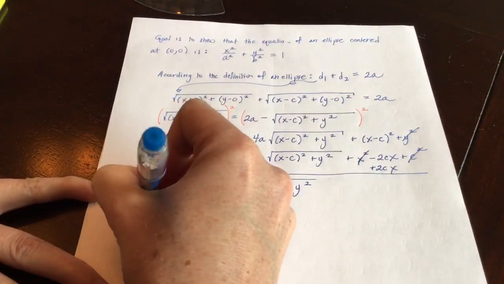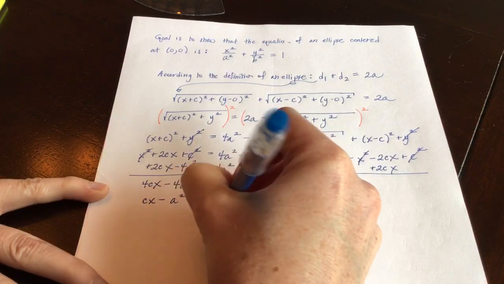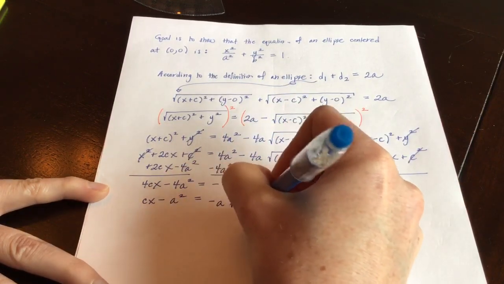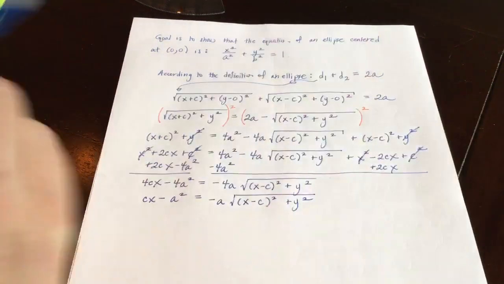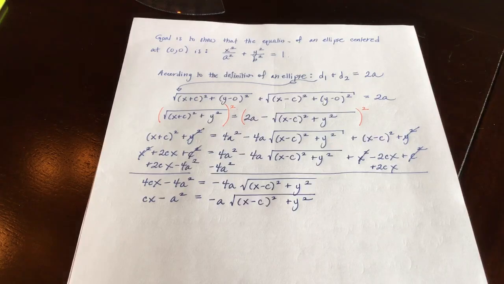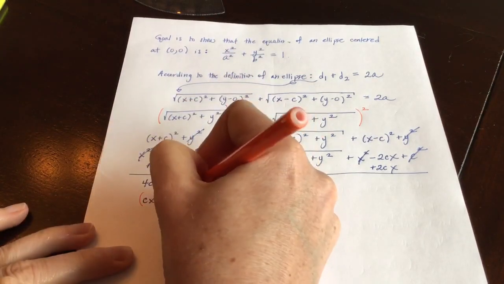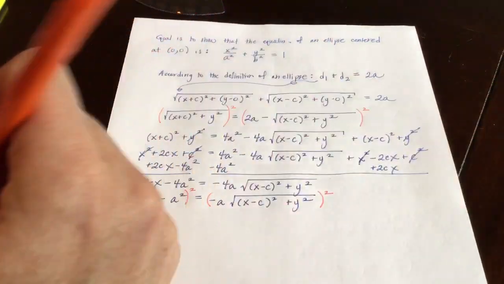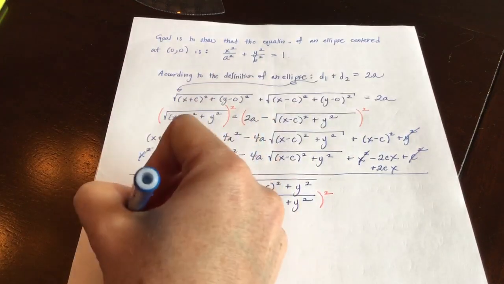So I would just have cx minus a squared equals negative a times the square root expression as is. Okay, now that we've got that, I think this is a great time to go ahead and square both sides. Okay, if I do, what would I then have?